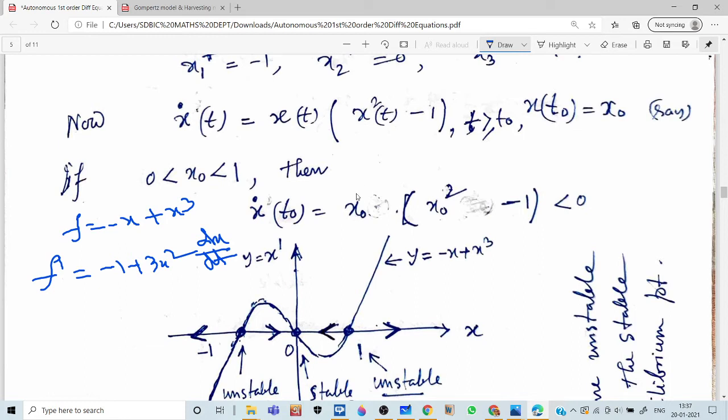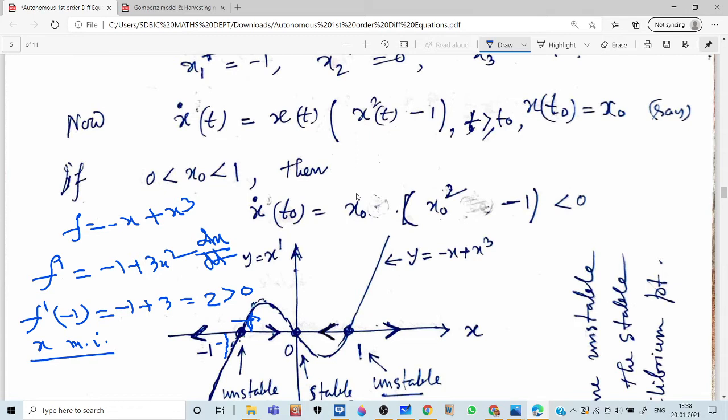So put x = -1. f'(-1) = -1 + 3(-1)², which is -1 + 3 = 2. So f' is positive at -1, and f changes from negative to positive, so f'(x) is greater than 0. f' greater than 0 means x is a monotonically increasing function.